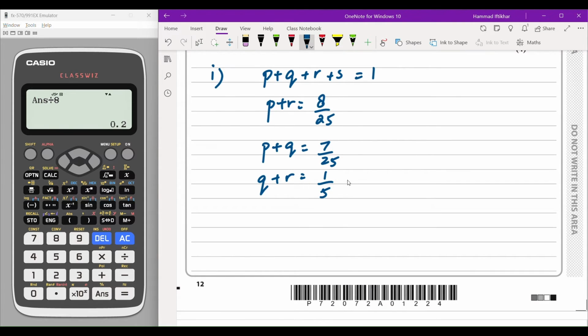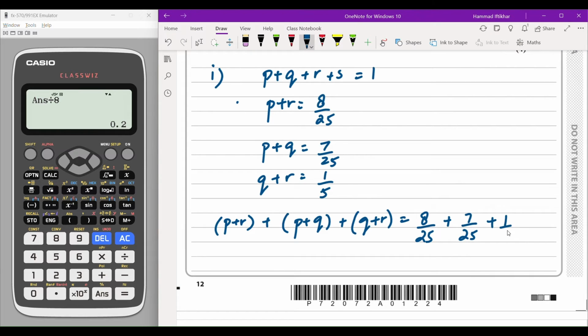Okay, so now if we add all of these equations together, P plus R plus P plus Q plus Q plus R, and then 8 over 25 plus 7 over 25 plus 1 over 5.